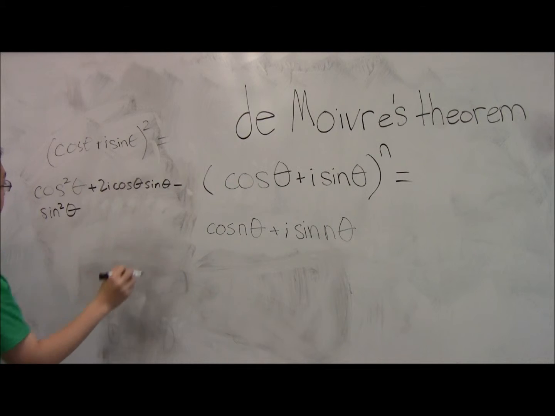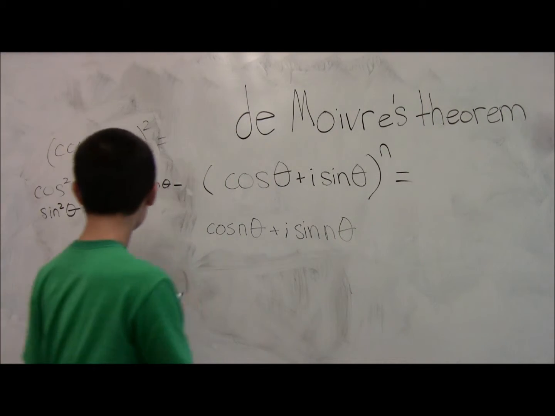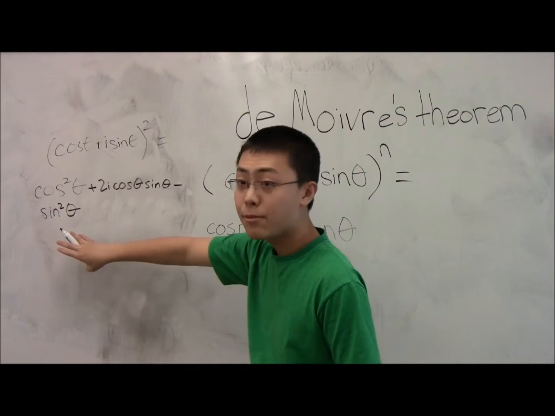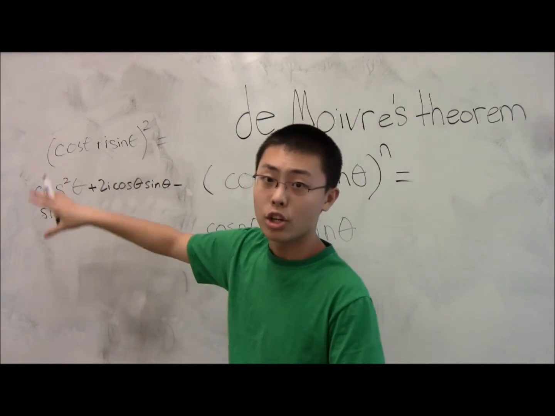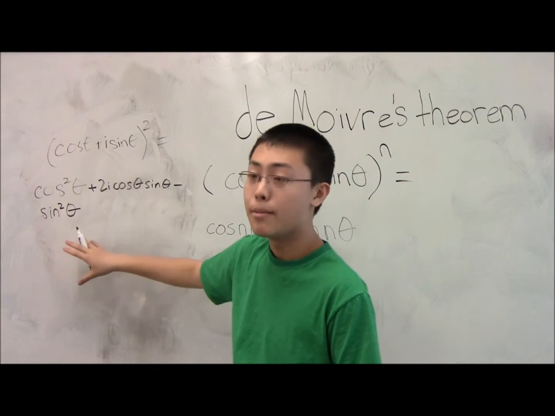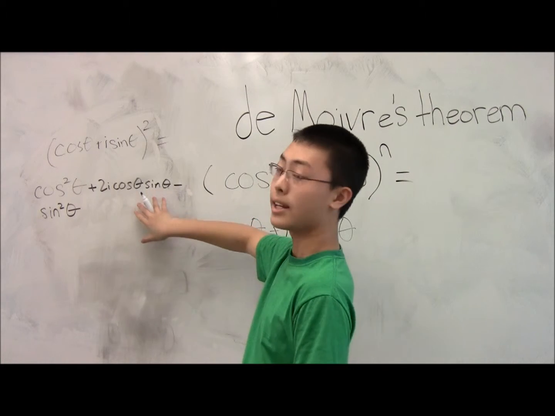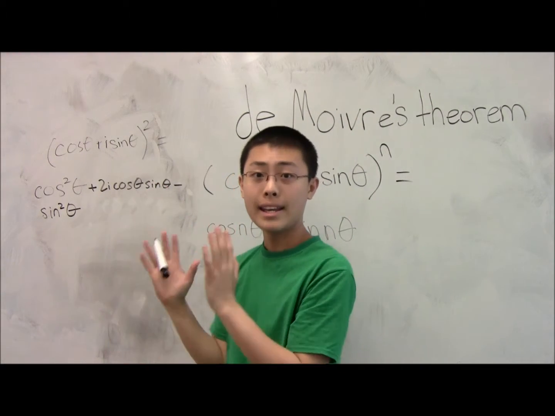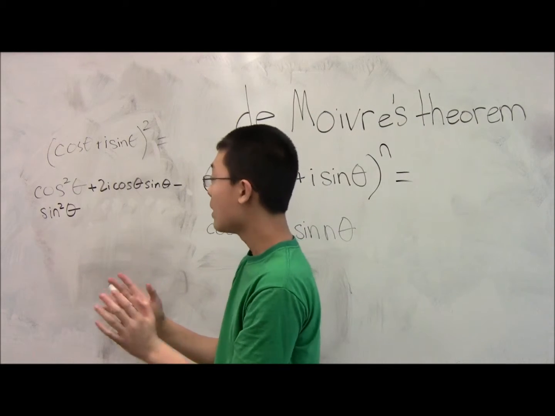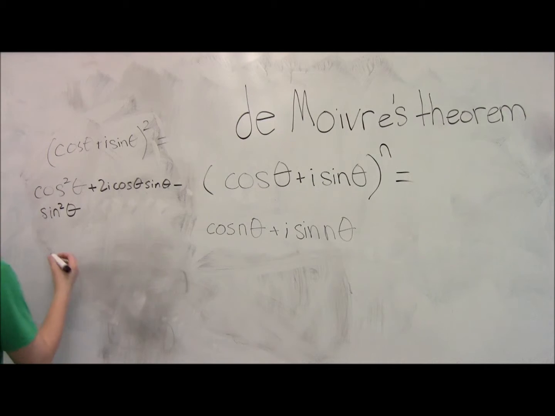This may look pretty scary, but keep in mind, if we rearrange this so that it says cosine squared theta minus sine squared theta plus 2i cosine of theta sine of theta, so we're just rearranging the terms here, then we can use the trigonometric double angle identities.